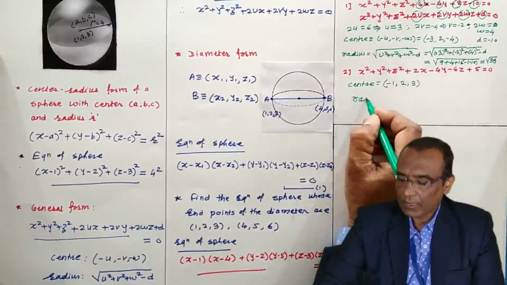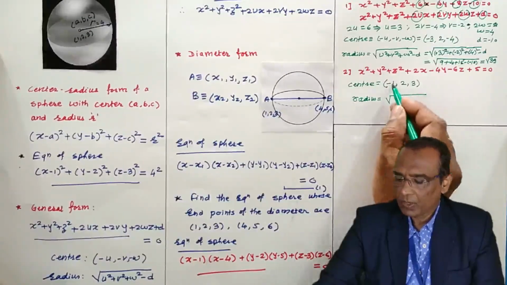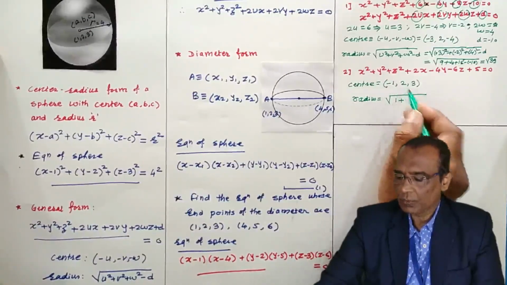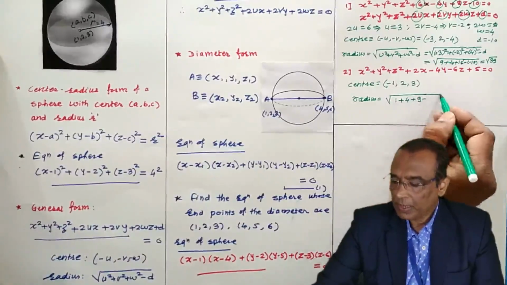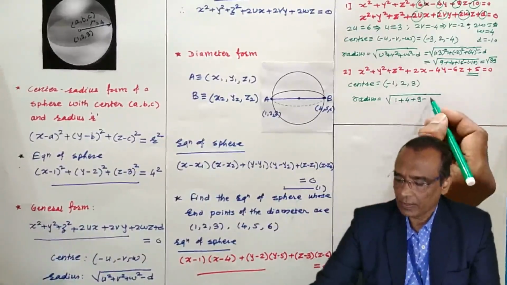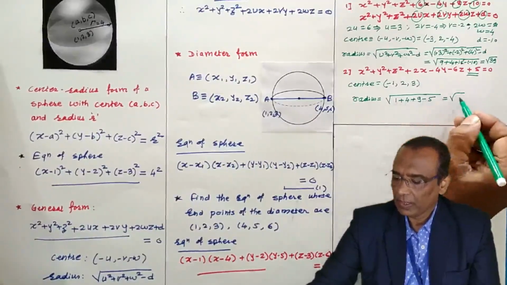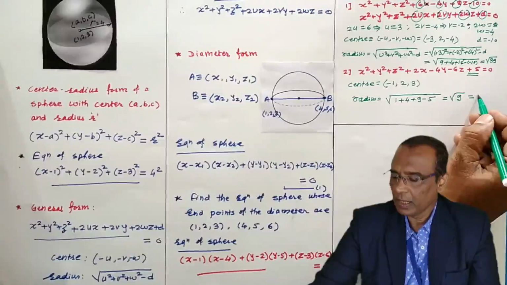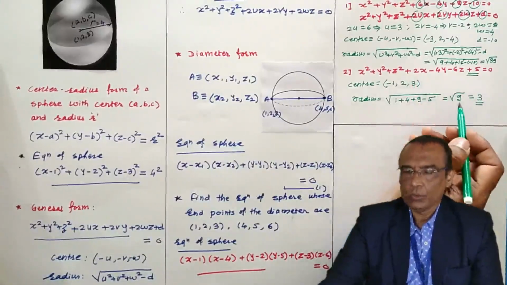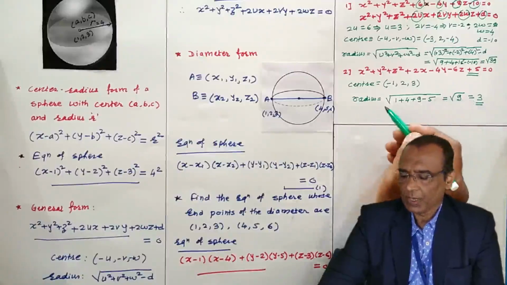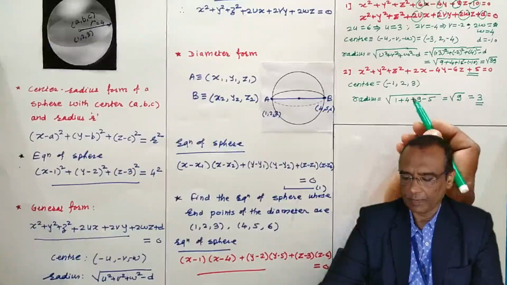And how do you find the radius of the sphere directly? The square of minus 1 is 1, the square of 2 is 4, the square of 3 is 9, minus of d is 5 here, and under root of this, the 5 and 5 go away, root of 9, and root of 9 is 3. 3 is the radius of this sphere. Okay, root of 9 is plus minus 3, but the radius is always positive, therefore I have taken only plus 3.